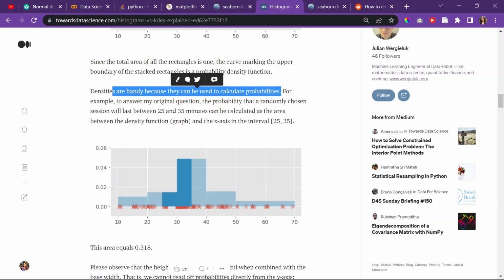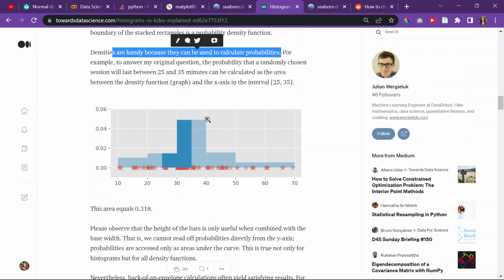The probability that a randomly chosen session will last between 25 and 35 minutes can be calculated as the area between the density function and the x-axis and the interval. So when I take a normal distribution and I try to find the proportion of it, I use norm.pdf. Is that calculating the probability?